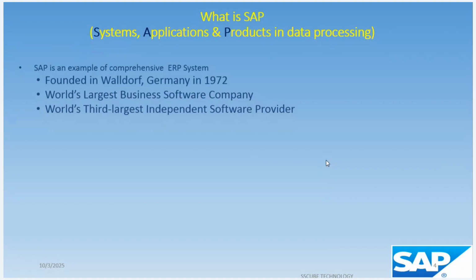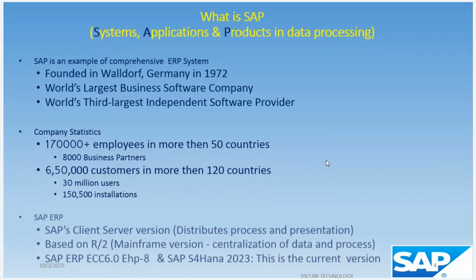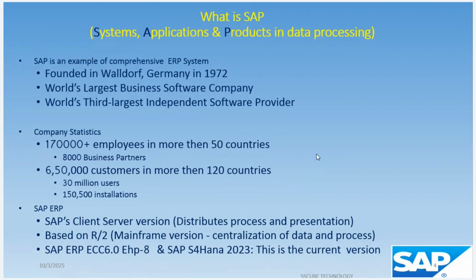Now what about SAP? SAP is basically a software company founded in Waldorf in Germany in 1972, the world's largest business software company, and now it has more than 170,000 employees in more than 50 countries, 650,000 customers in more than 120 countries, and all those things.